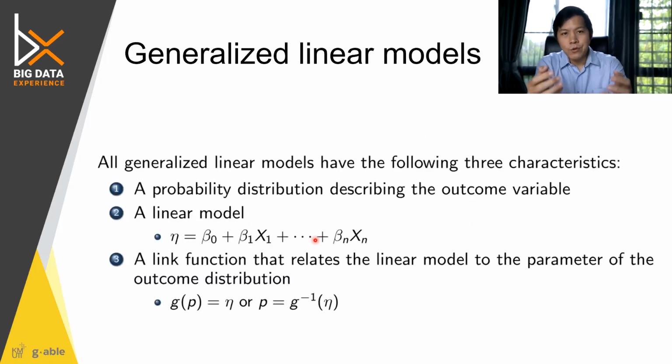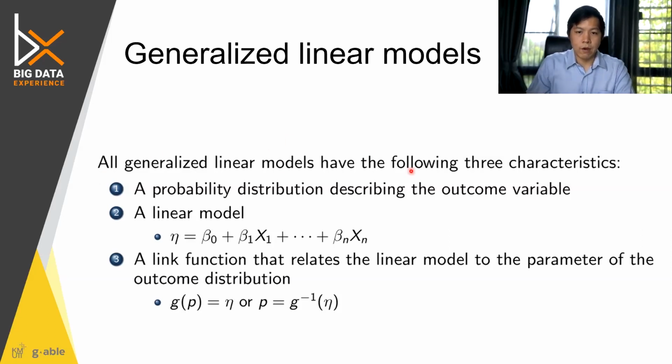Okay, so how do you explain the GLM, the generalized linear model? There are characteristics related to the generalized linear model. The first one is the distribution: you need a probability distribution that explains the outcome variable. For linear regression, that will be the normal distribution.